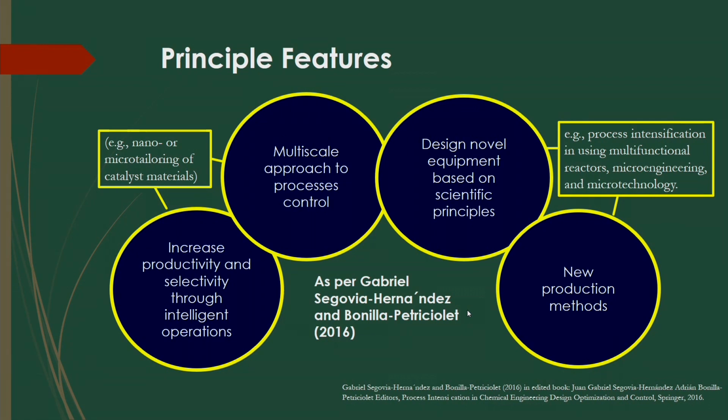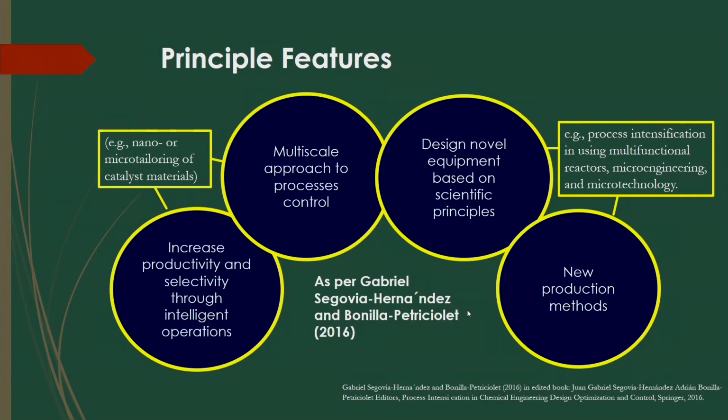Another feature is new production methods. You have to think about how we can produce different types of products, and also different methods to produce those products. So, you have to intensify the methods; you cannot use the conventional process to produce, say, just separation processes.